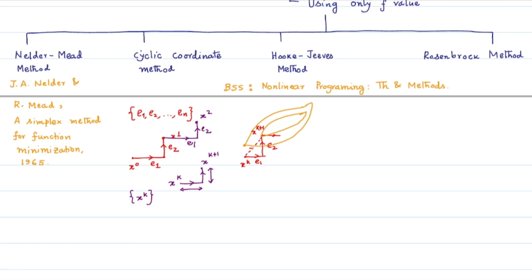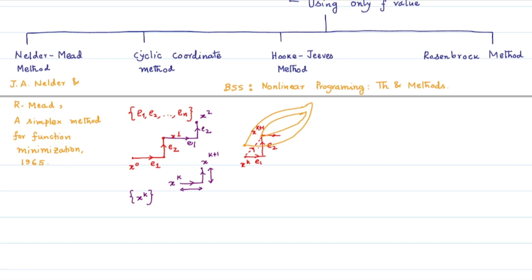We may feel that if we move along this direction, then the function value may be degraded, because at xk plus 1 the function value is smaller than at xk. Hence the direction xk plus 1 minus xk may be thought of as following the pattern of decrease of the function. So this direction xk plus 1 minus xk is called a pattern direction.